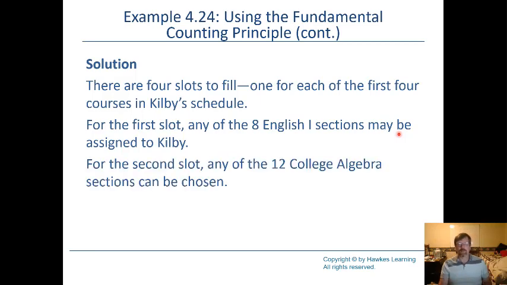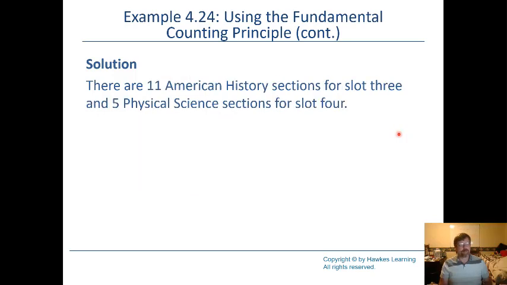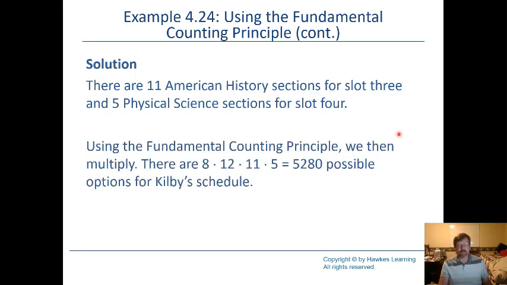Any of those would work. Same thing with American history and physical science. So each slot has a number of outcomes equal to the number of sections there are. So it's 8 times 12 times 11 times 5, or 5,280 possible options for her schedule.